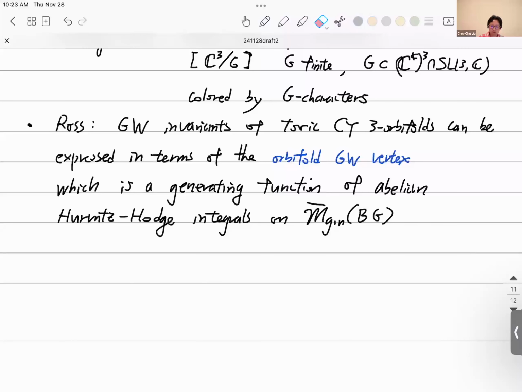So instead of integrals over M-bar_{g,n}, you will get integrals over M-bar_{g,n} whose target is not a point but the classifying space of a finite group. So now, can we generalize the Gromov-Witten/DT correspondence to toric Calabi-Yau 3-orbifolds, or more generally, just 3-orbifolds?